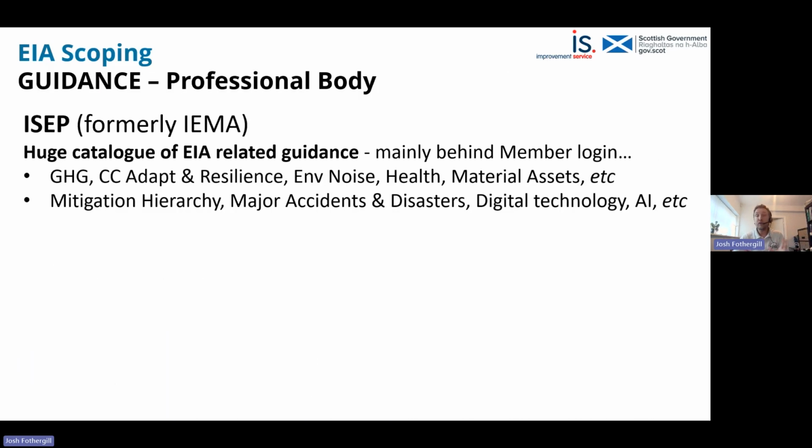There is quite a lot of professional body guidance on different topics in relation to EIA that can be useful to refer to, or you may have it referred to you in a scoping report from the developers' consultants.